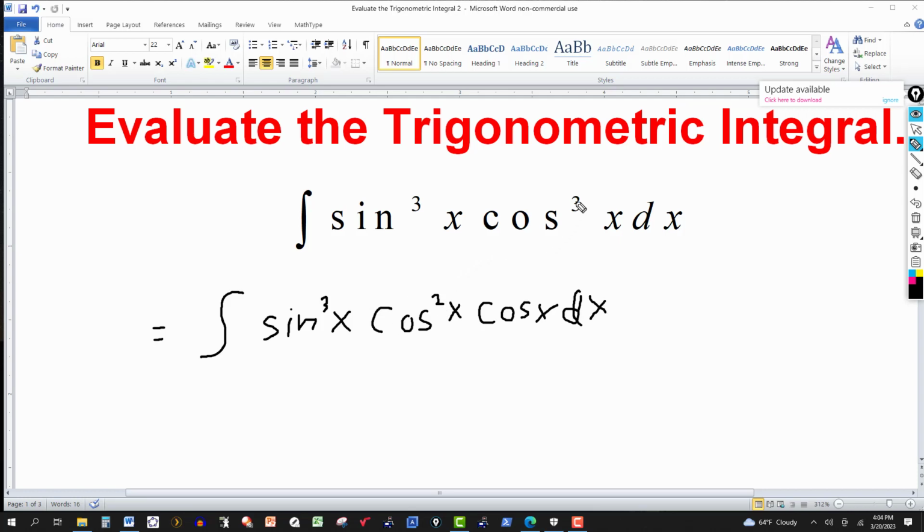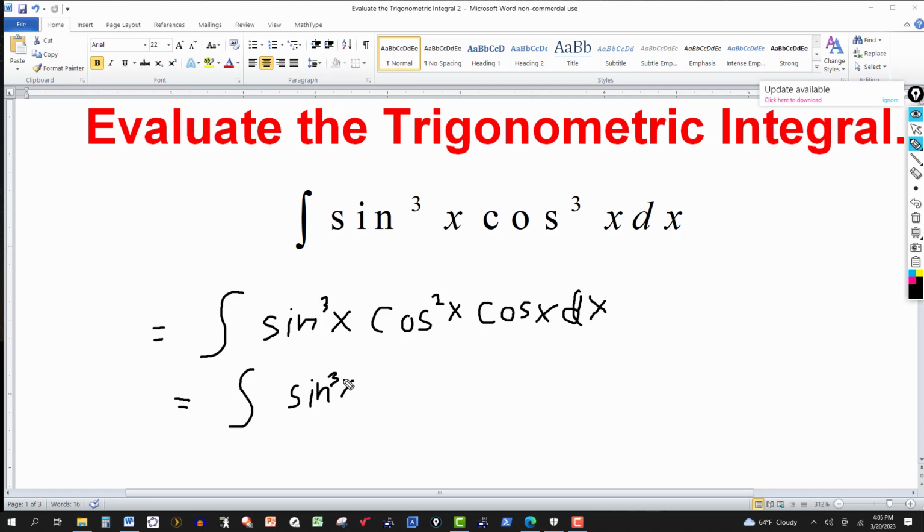I just broke down the cosine cube into cosine squared and cosine of the variable x. I'm going to try to simplify this by writing it in terms of one function. It could be in terms of sine or in terms of cosine, and again your answer will be different depending on what approach you take.